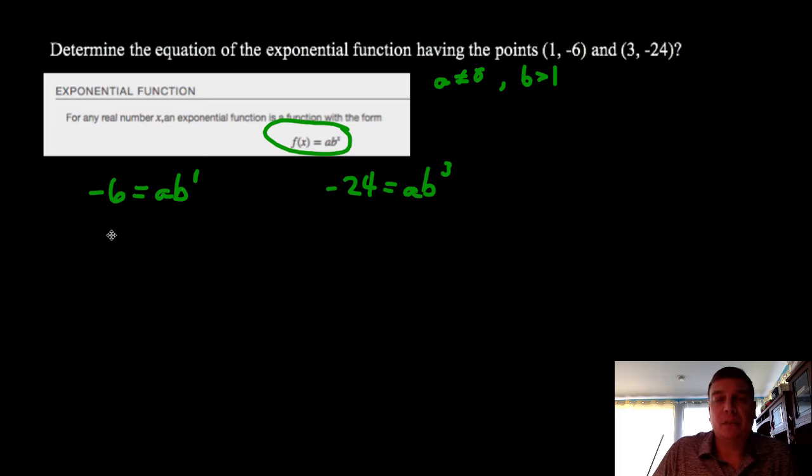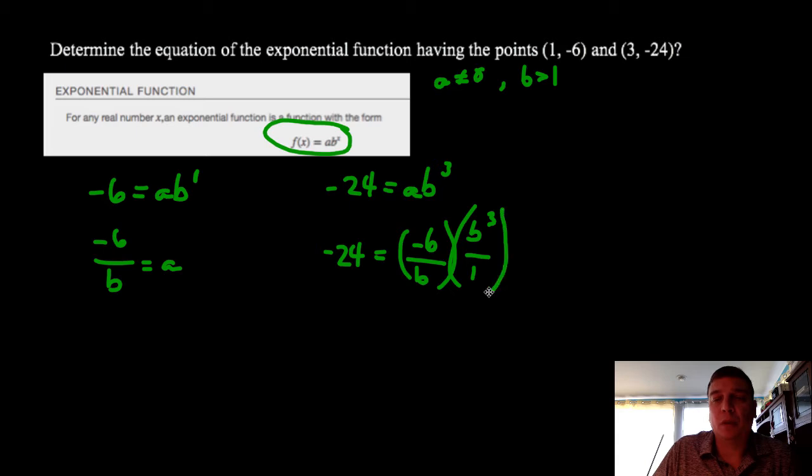So if I divide both sides by b, I get -6 divided by b is equal to a. Substitute that in here. So -24 is equal to, in parentheses, -6 divided by b times b to the third divided by 1.